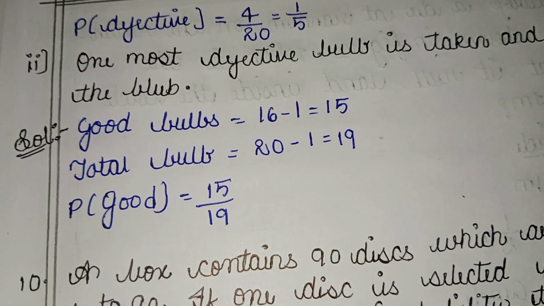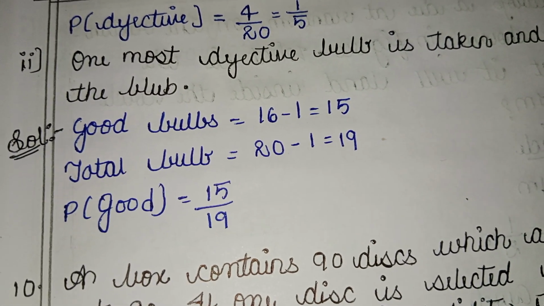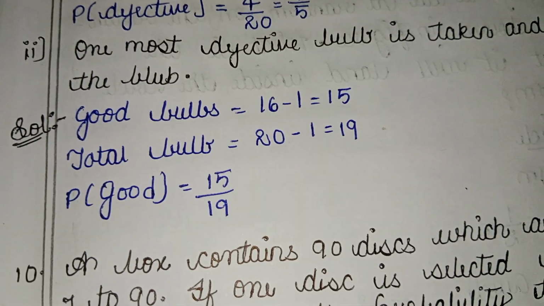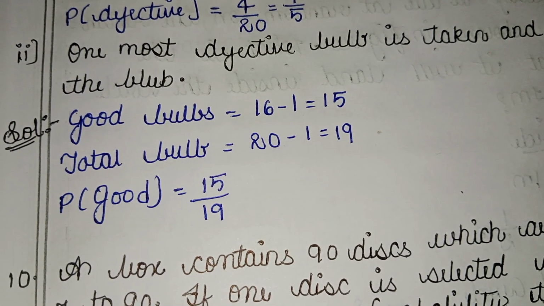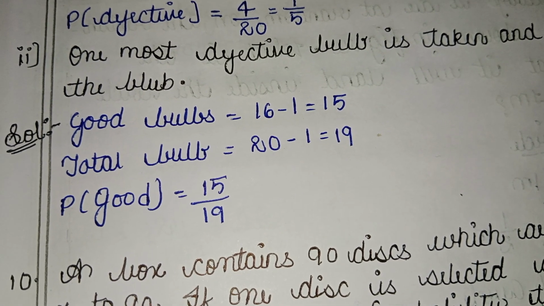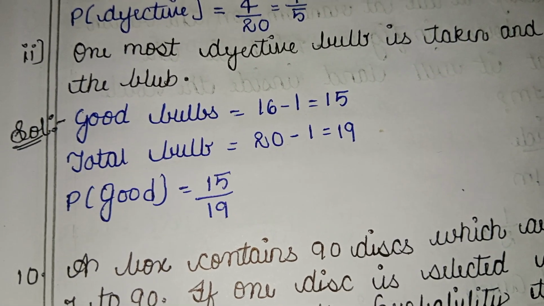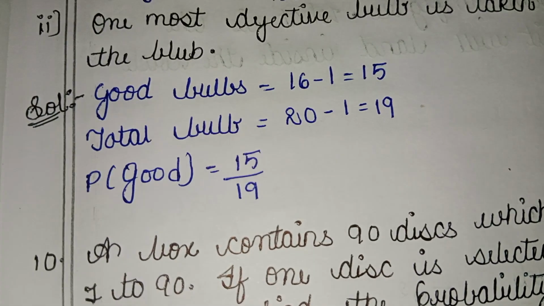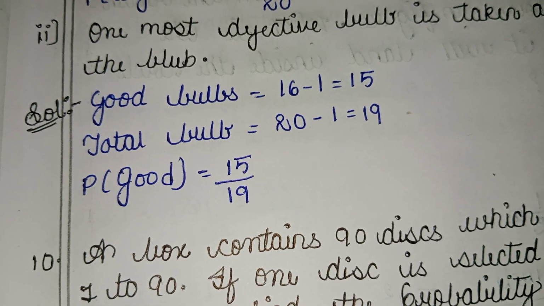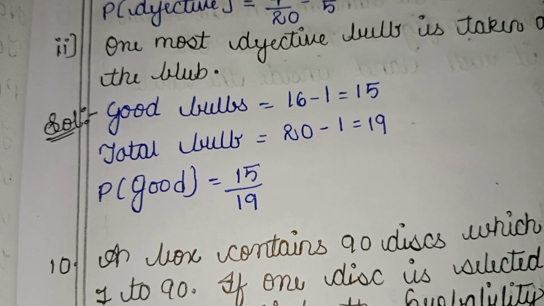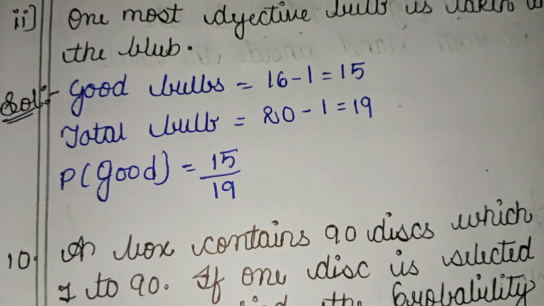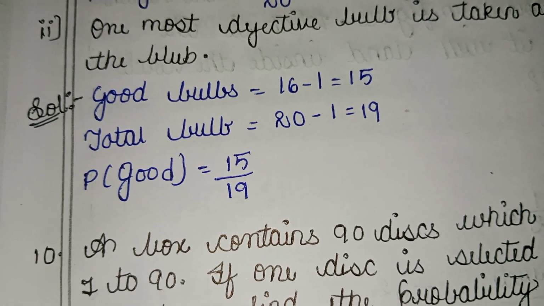So, good bulbs is equal to 16 minus 1 is equal to 15. Total bulbs is equal to 20 minus 1, the remaining bulbs, is equal to 19. Probability of good bulbs is equal to 15 by 19 because a good one is taken away from the lot. Remaining 19, good ones are 15. 15 by 19, answer.